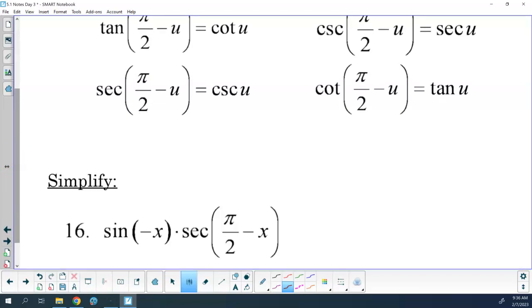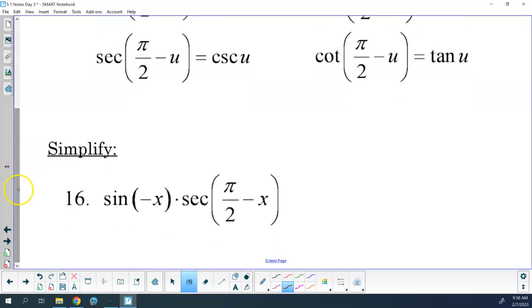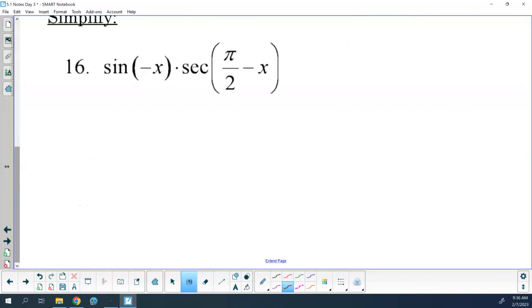So with that being said, and those being out there, let's simplify this one. The sine of negative x times the secant of pi over 2 minus x. Sine of negative x, can I simplify that one in any way?